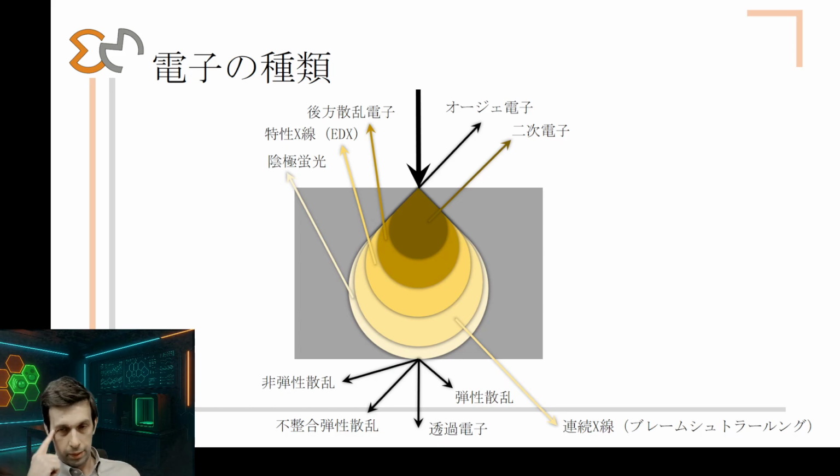But there is another difference between the two microscopes. When we observe a sample with a light microscope, what we are really observing is the surface only.